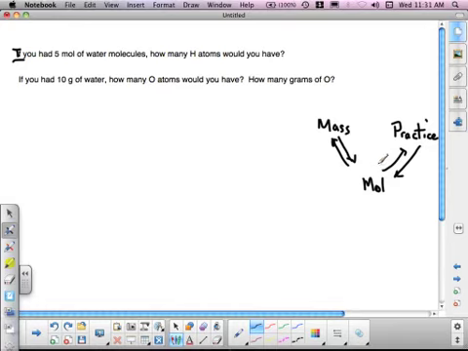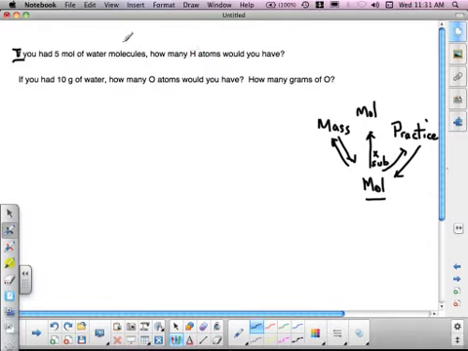All right, so if I have 5 moles of water molecules, I'm here. What we've just done with the previous questions is what I call up the middle, where I go from mole to mole, but I am taking it apart, so it's like the middle of the formula, and you're multiplying times the subscript, okay?